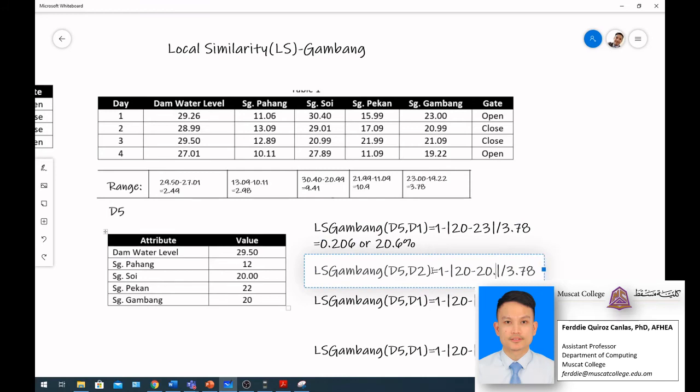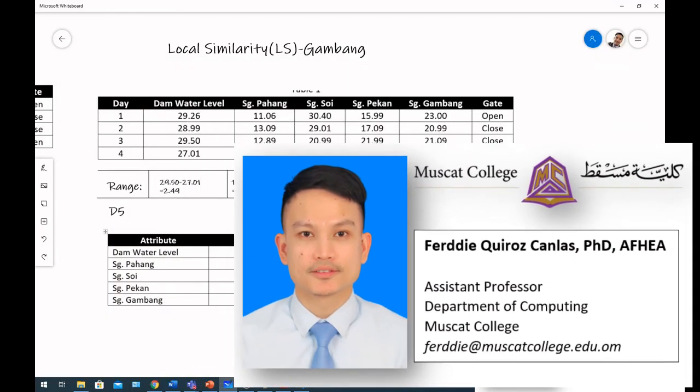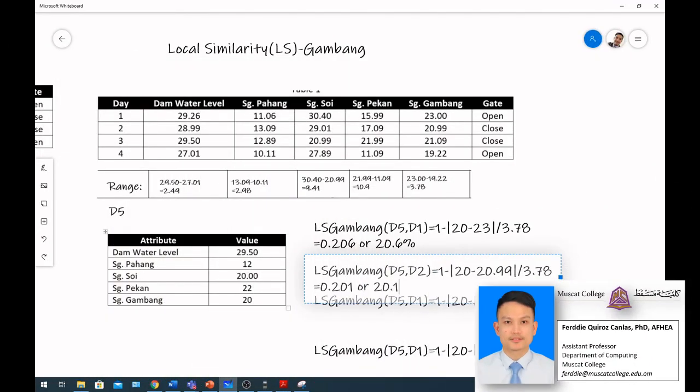Wait, dear, 20.99, which is equal to 0.1, or 20.1%.